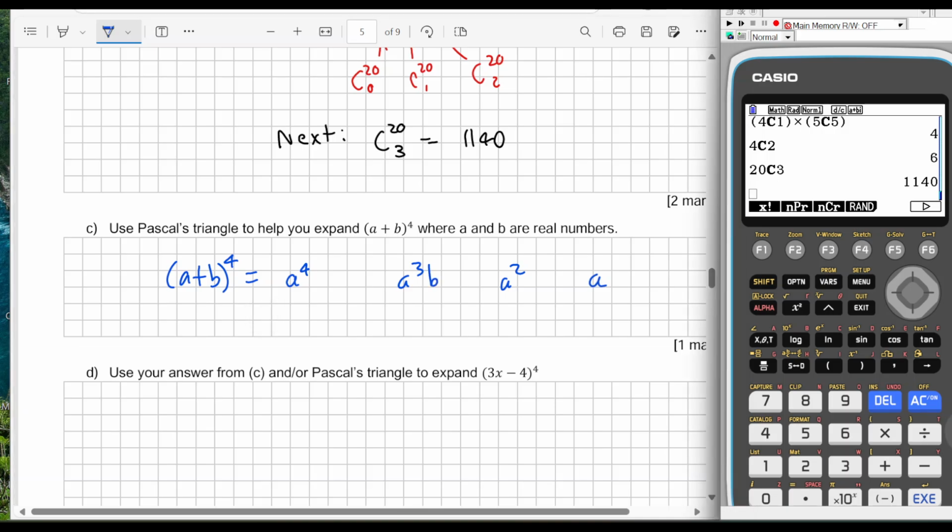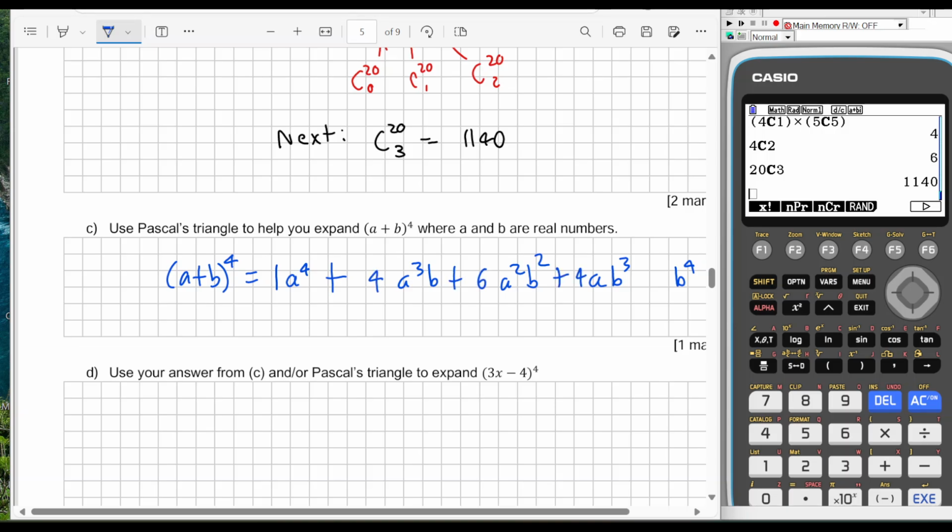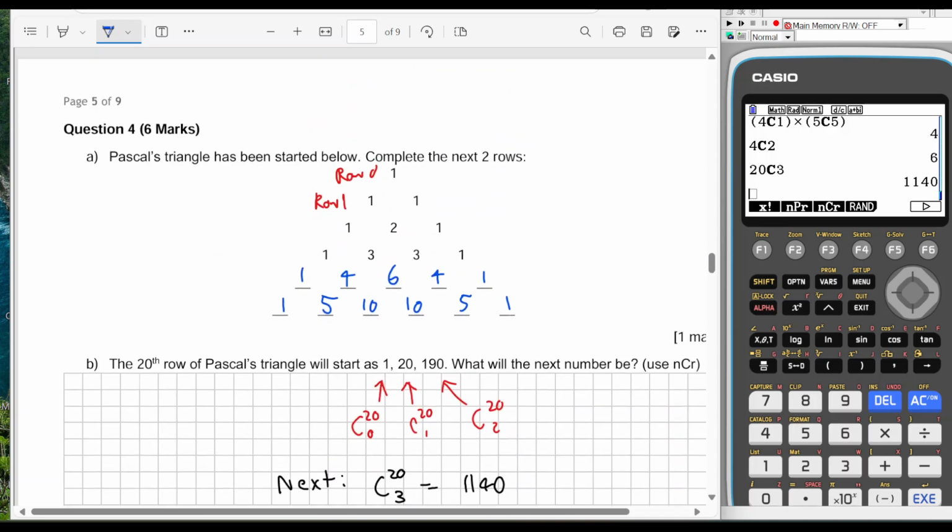The B's will go up, so B, B squared, B cubed, and B to the 4. And then the coefficients come from Pascal's triangle. So this would be a 1, and then the row in Pascal's triangle is 4, 6, 4, and then 1. So I'm reading off just that row there, the 4th row.